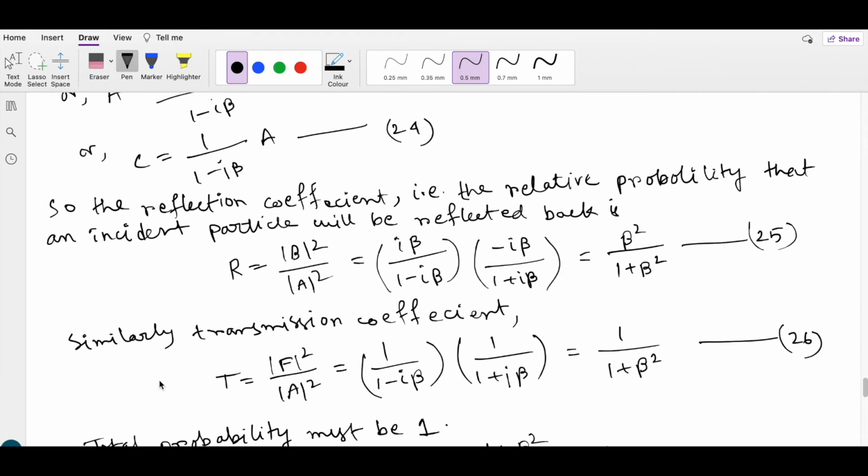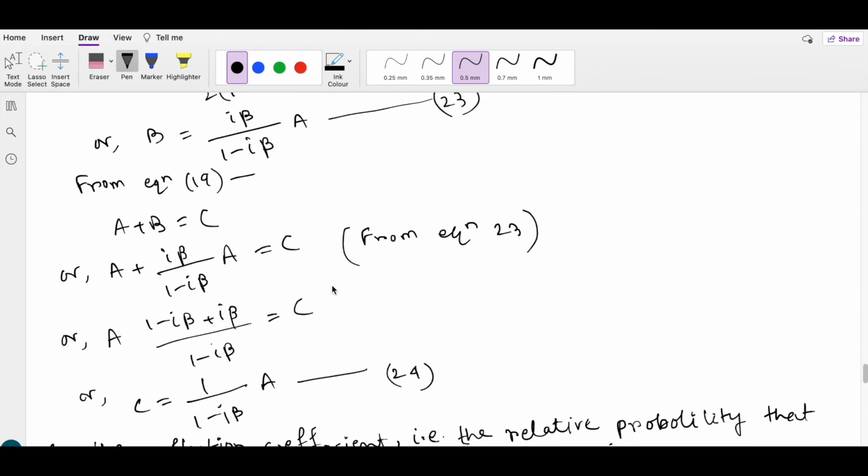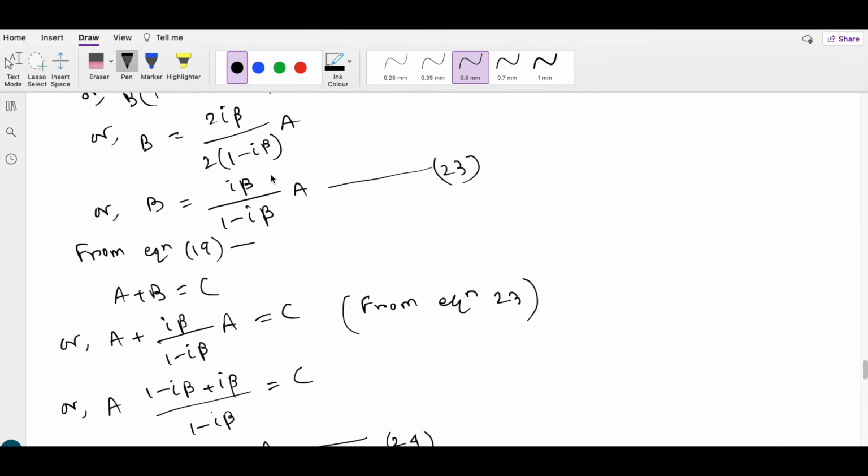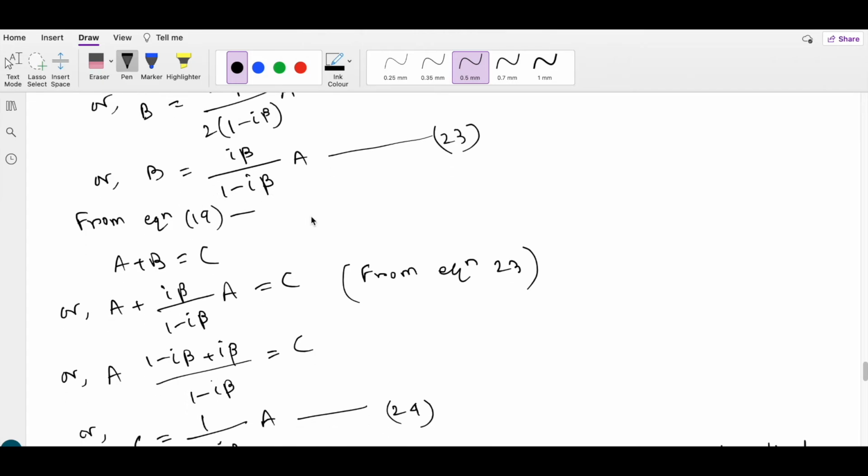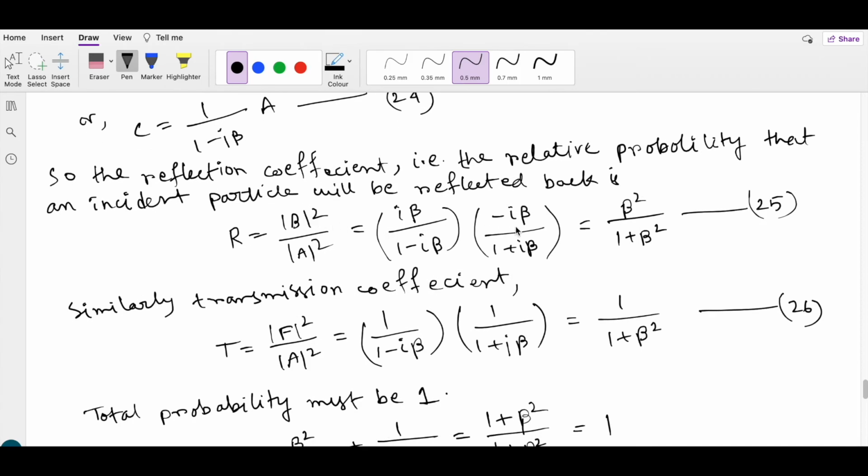So the reflection coefficient, that is the relative probability that an incident particle will be reflected back, is R, which is given by b square by a square. And from equation 23 we can write b by a is i beta by 1 minus i beta. So after squaring, we get beta square by 1 plus beta square.